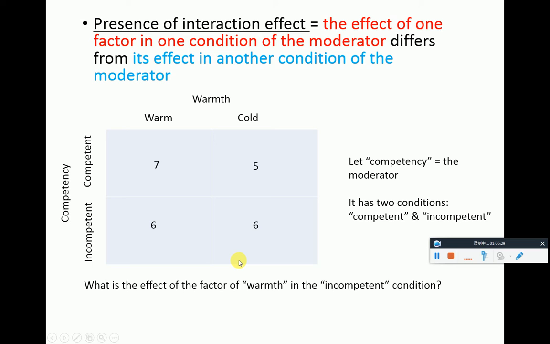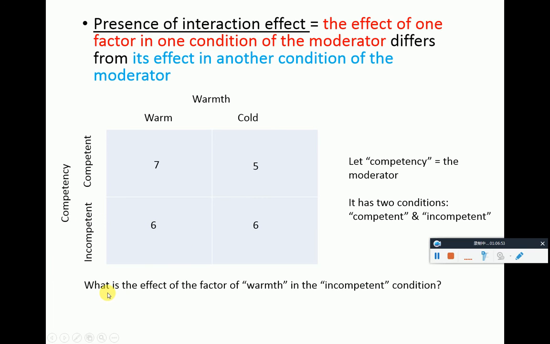Okay. Now let's look at the blue part of the sentence. Then what is the effect in another condition of the moderator? The moderator is competency. We just looked at the effect of warmth in the first condition of the moderator, that's competent. Then another condition of the moderator will be incompetent.